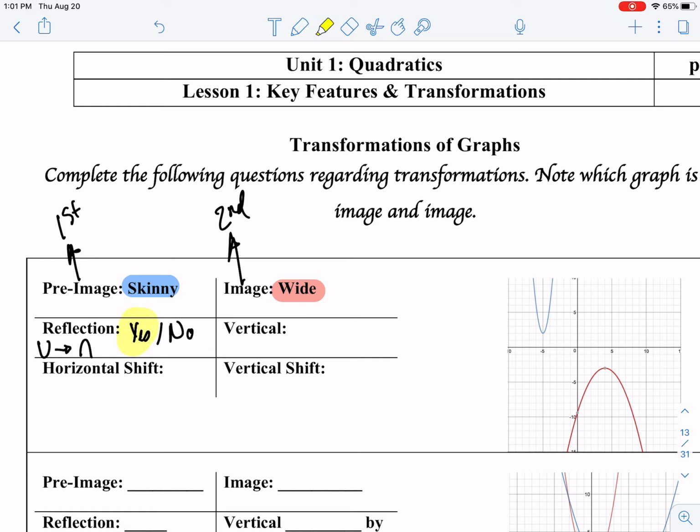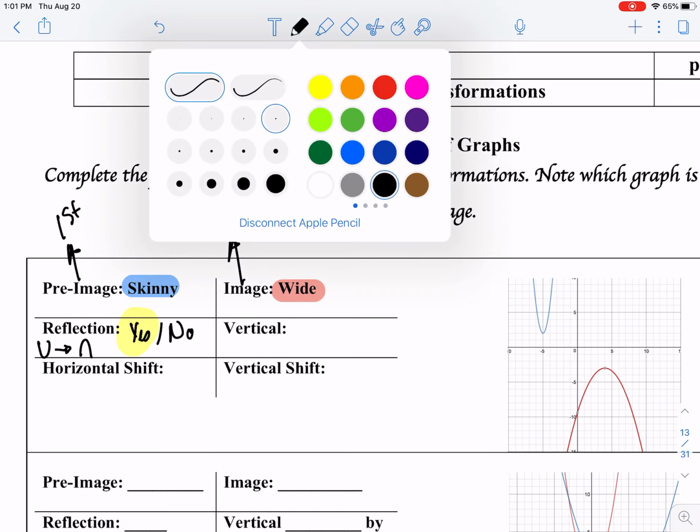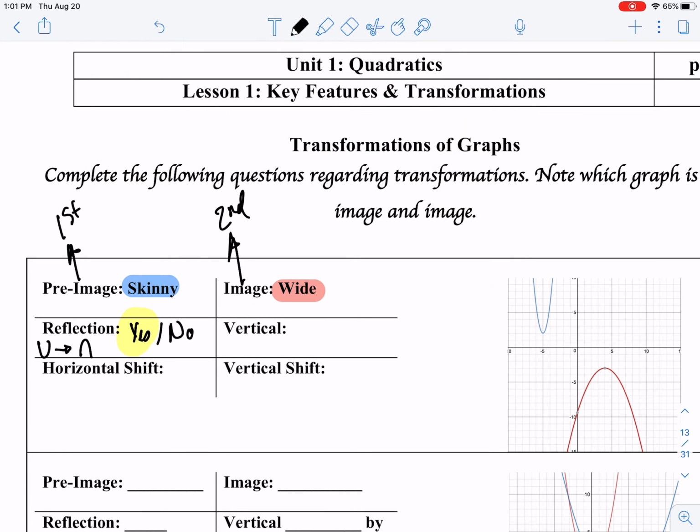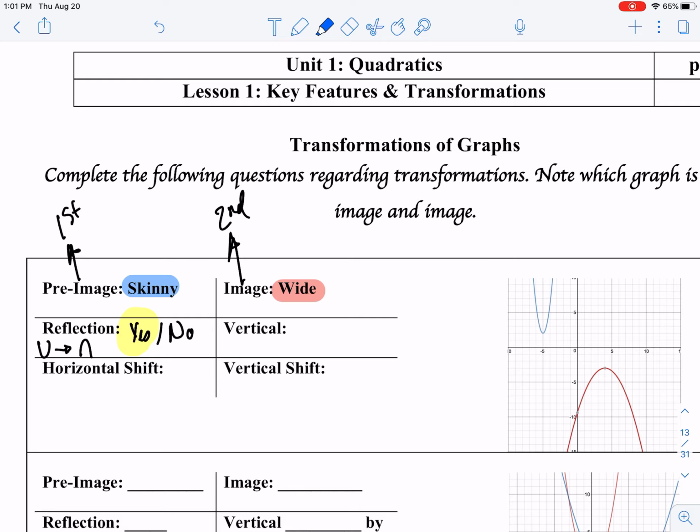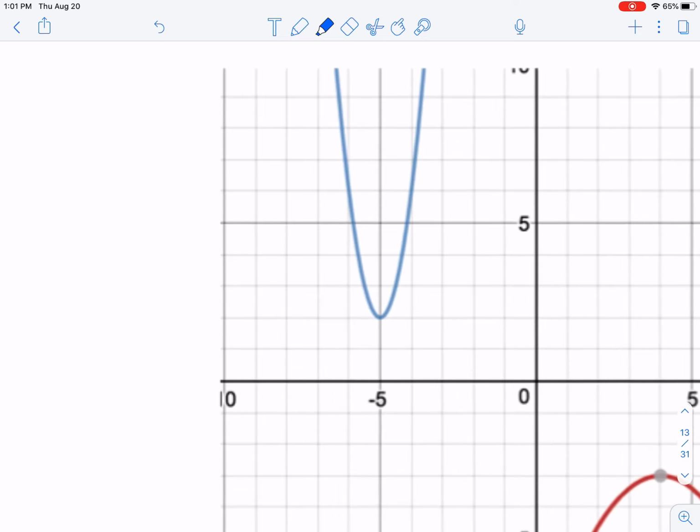Now, to figure out the vertical shifts, the horizontal shifts, and the vertical stretches and compressions, or stretches, shrinks, compressions, I advise you to find or locate the vertex of each of your functions, right?